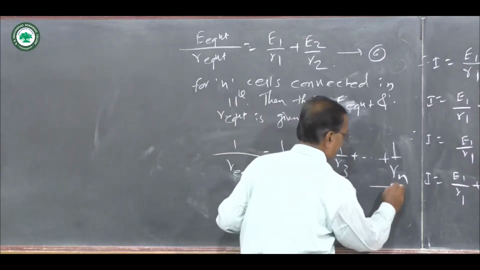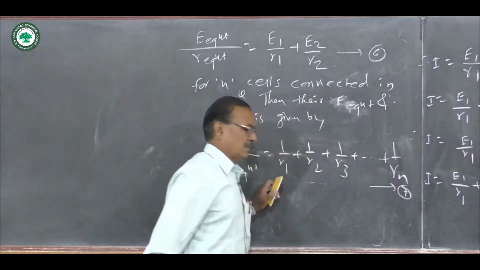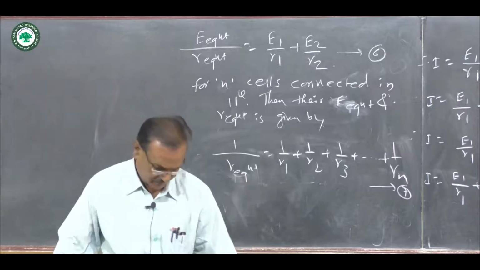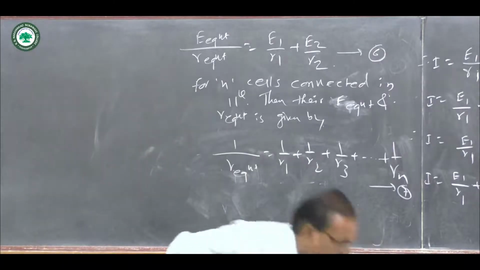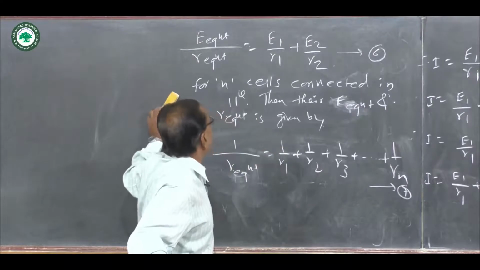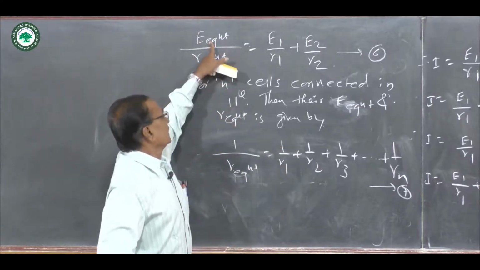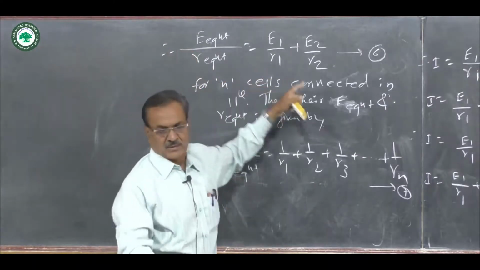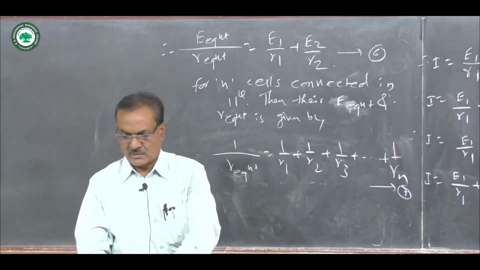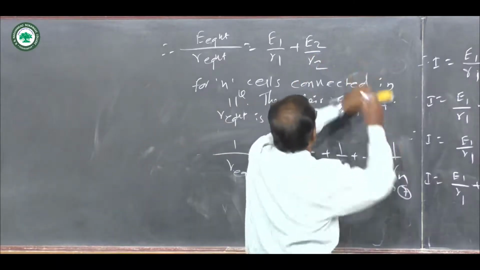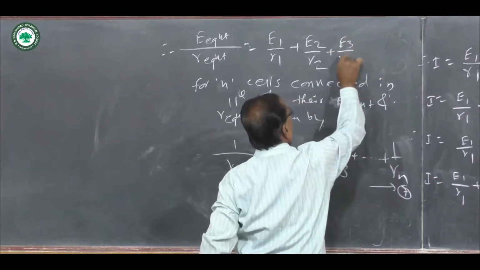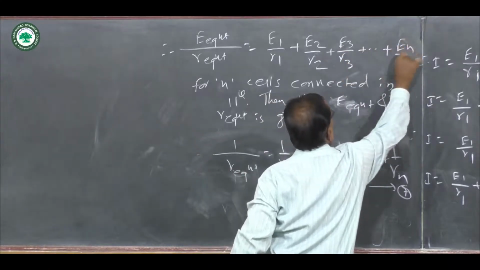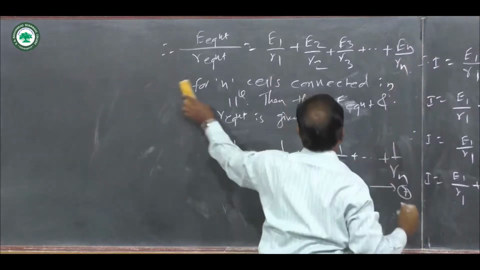Suppose this is equation number 7. And you can also write their ratio, E equivalent by R equivalent, as E1 upon R1 plus E2 upon R2 plus E3 upon R3 plus En upon Rn.